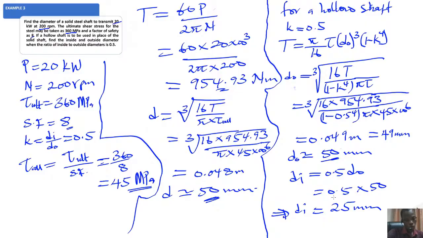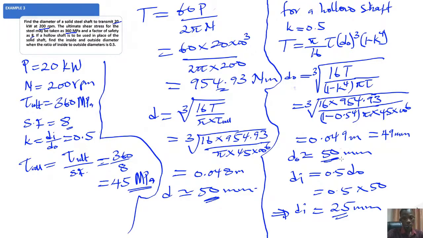But the hollow shaft has a void inside of diameter 25, which means that the hollow shaft will have less material compared to the solid shaft, and yet it will be able to perform the same function as the solid shaft in terms of carrying the same amount of power.